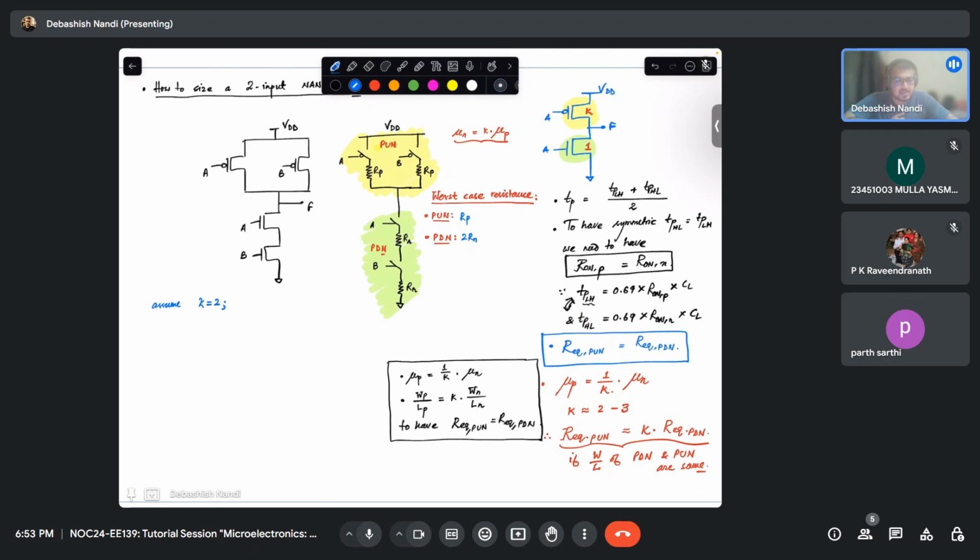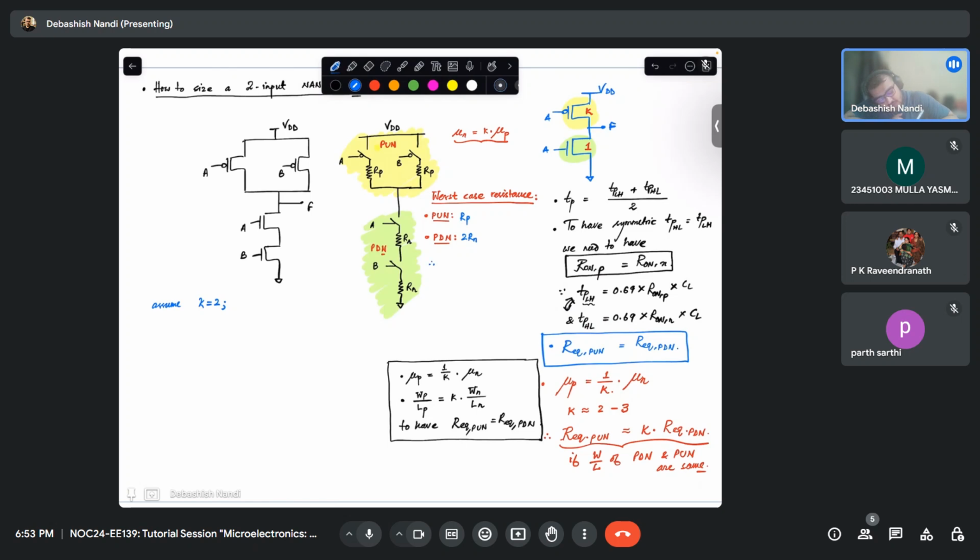Then what will be my resistance? Rp by 2. So we cannot take into account that one case. We need to take into account the worst possible case. Similarly, in case of pull down network, it is twice of Rn.